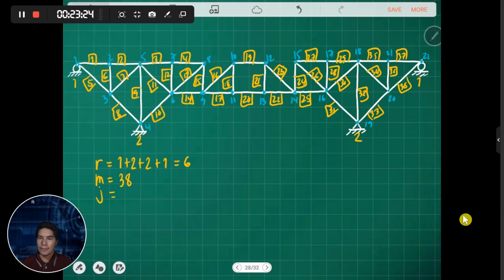So m plus r, we have 38 plus 6, so that is a total of 44.